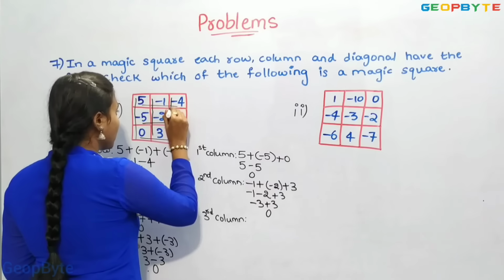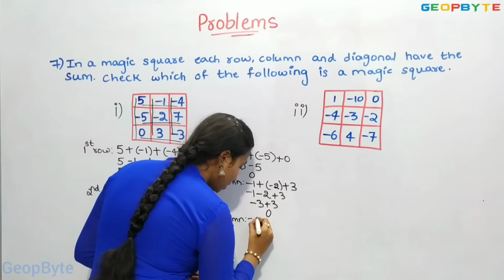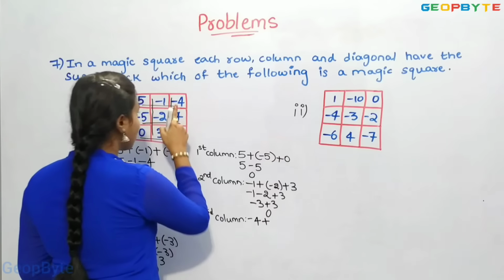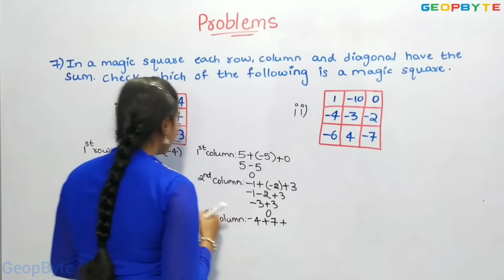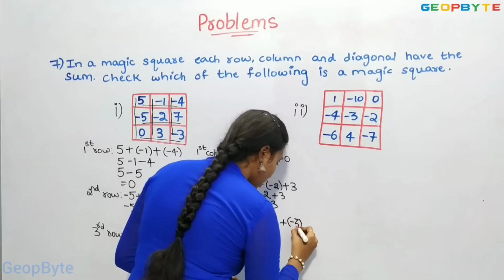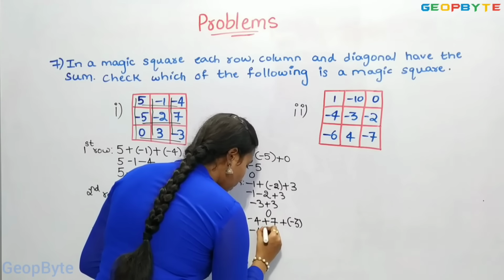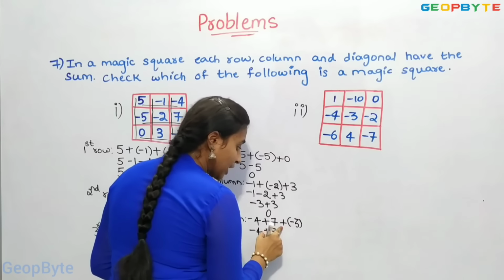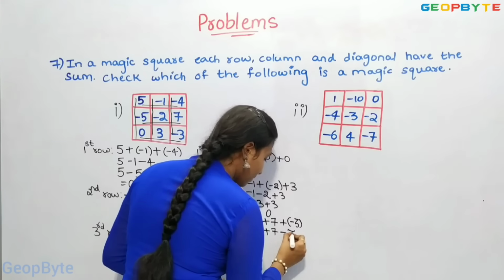In third column, we have minus 4 plus 7 plus minus 3. Minus 4 plus 7 plus into minus, minus 3.